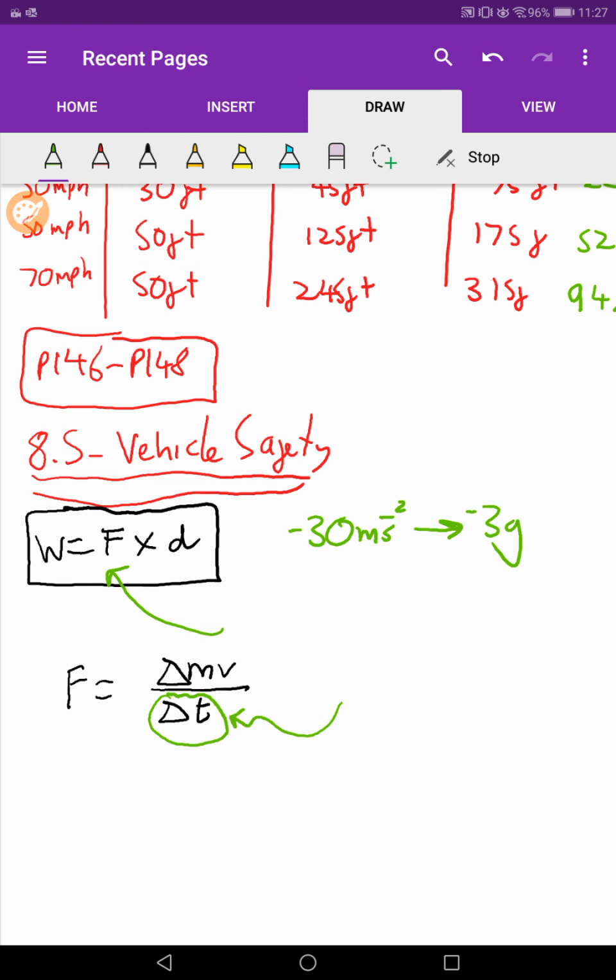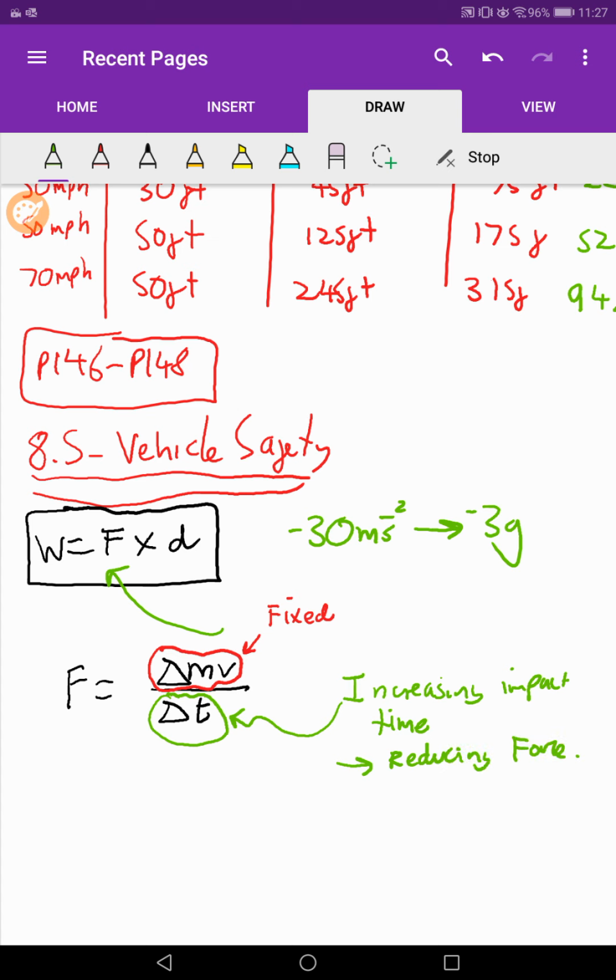If we fixed the mass and velocity of the car that you're travelling in, so that's obviously going to be fixed, but we can find a way of increasing this impact time, then that will have the effect of reducing the force. Which is what it's all about, and that's what everything in a car is there to help you with.